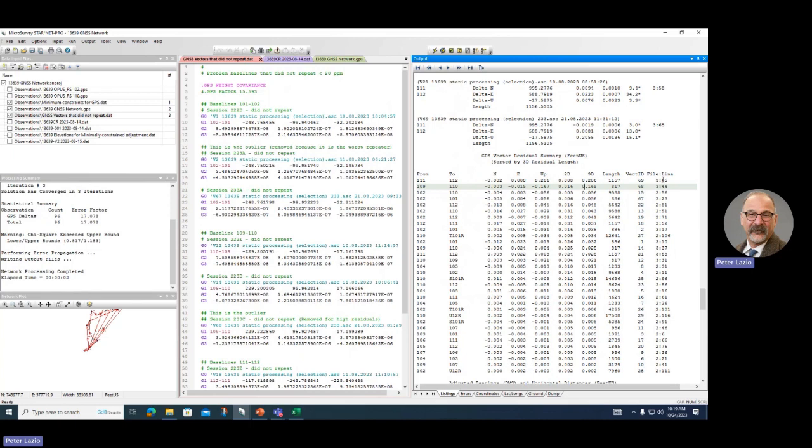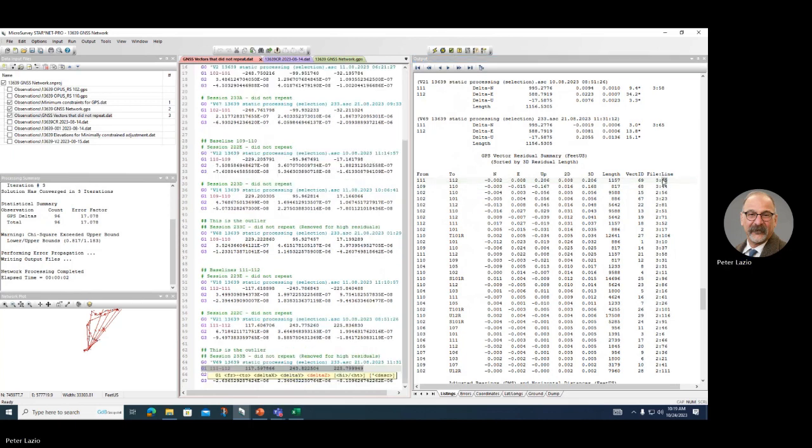If I double click on here, it comes to the one that was flagged as an outlier. I'll highlight that, take it out, and then put a note in: session 20, did not repeat, removed for high residuals.